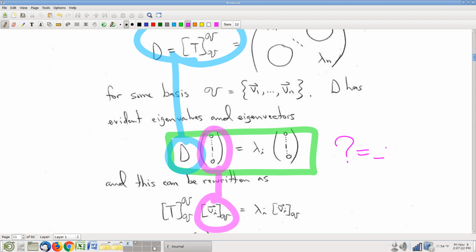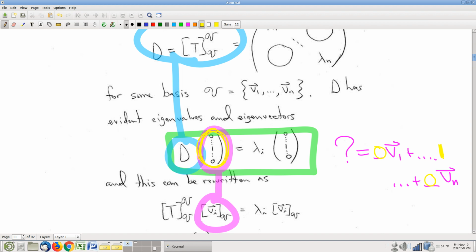What vector is it that when I write it as a linear combination of V1 through Vn has coefficients that are mostly zeros with a 1 in that single position? What is this vector? Whose coordinates with respect to the script V basis are mostly zeros with a 1 in the ith position?